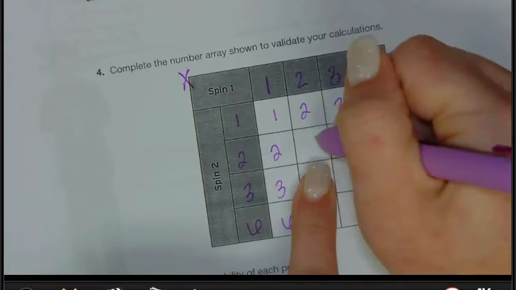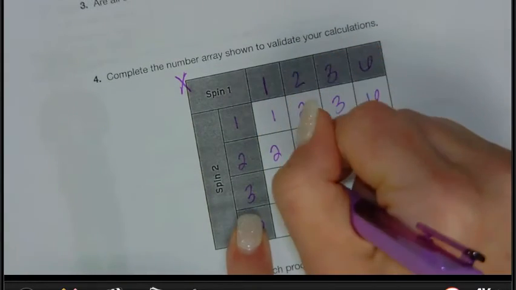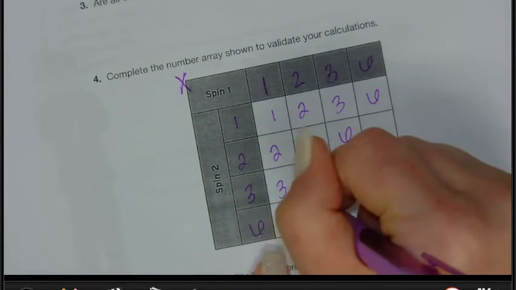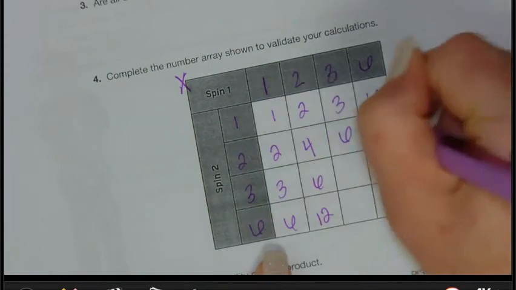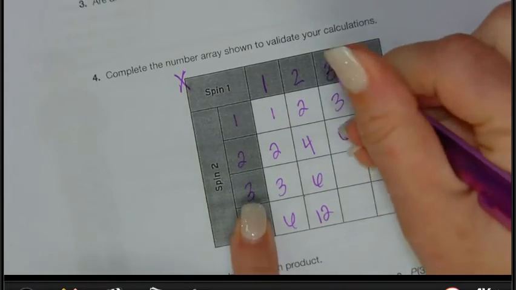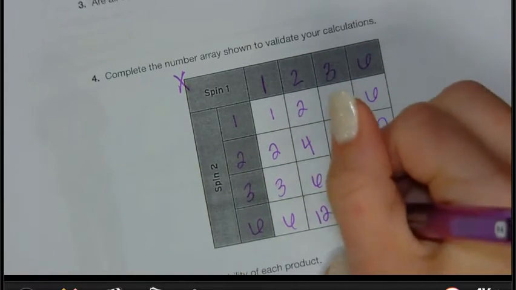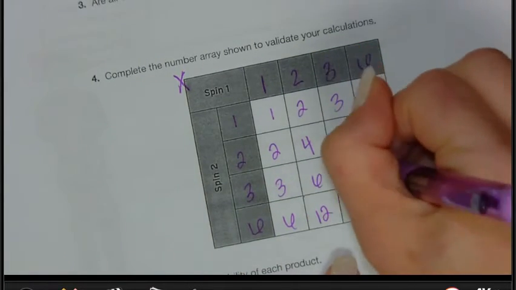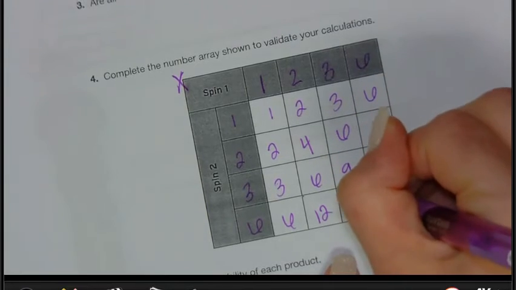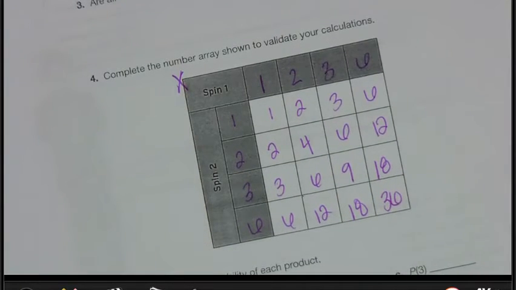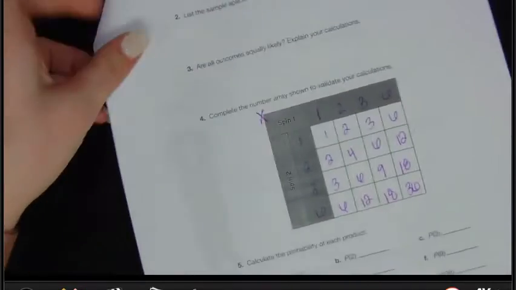All right, 2 and 2. 2 times 2 is 4, 2 times 3 is 6, and then 2 times 6 is 12. All right, now I'm on to the 3s. 3 times 3 is 9, and then 3 times 6 is 18. And then the last one is 6 times 6 of 36. Well, what are all of my possible sample space for my entire thing?